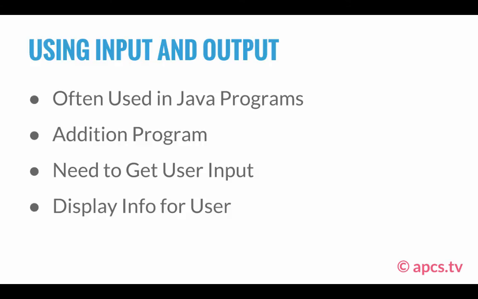So you often need to get user input to make them feel involved, and that's a big part of programs, and you often need to display information for the user. So both input and output are critical parts. Input is optional for the APCS test, but it's something that we'll be using actively in this course. And output is part of the APCS test, and it includes escape sequences that we can use to print out different patterns.